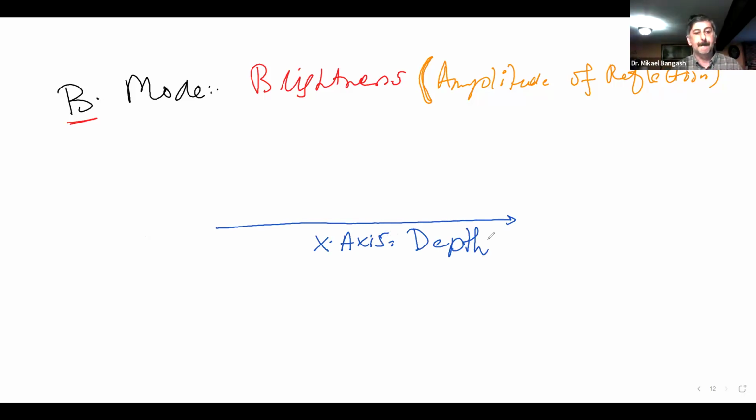Is that clear? Good. Now B mode is a unique kind of mode in the sense that it's the only display mode that uses the z-axis. Is that clear?